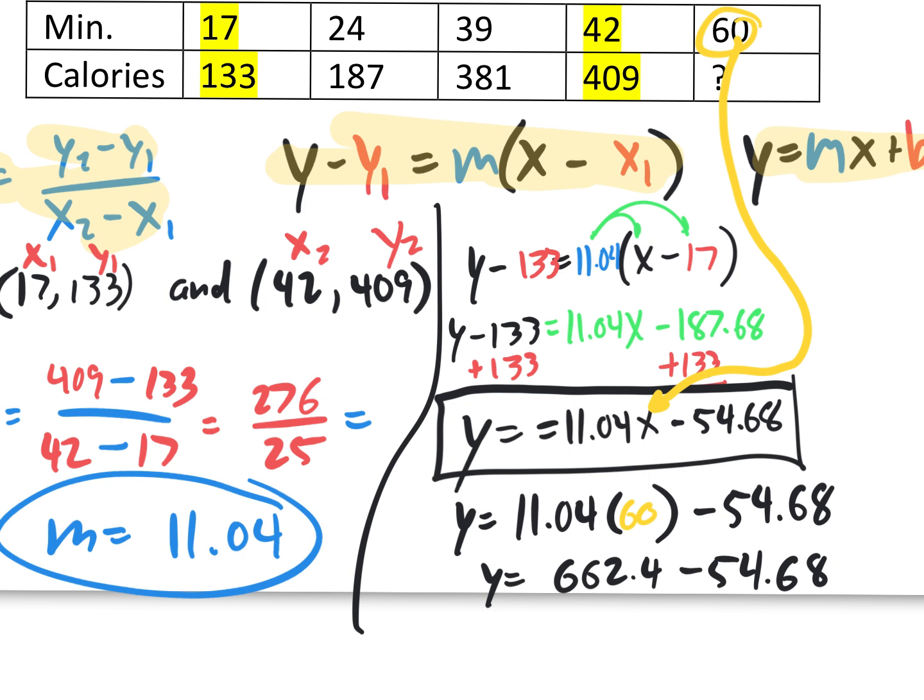With the calculator, you get 607.72. So y equals 607.72. That should be your answer for the output given the input 60.